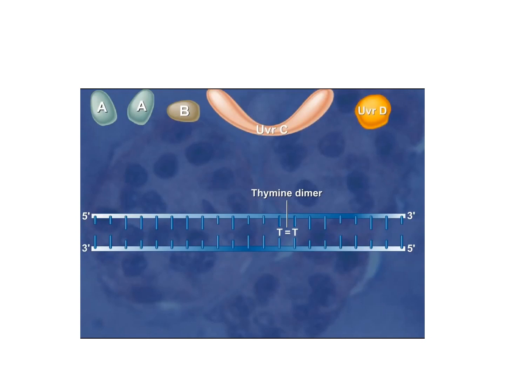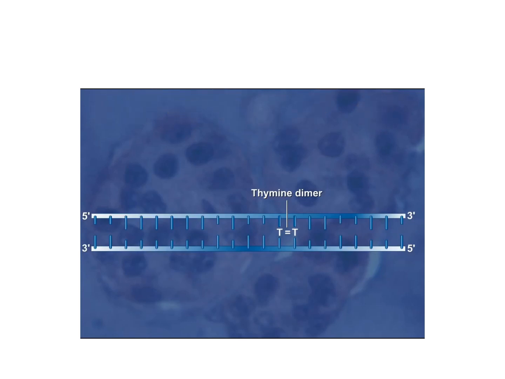UVR stands for ultraviolet light repair of pyrimidine dimers. But remember that this system is also used to repair other types of DNA damage. In addition, DNA polymerase and DNA ligase are used to complete the repair. The process begins with the loading of a protein trimer onto the DNA double helix.